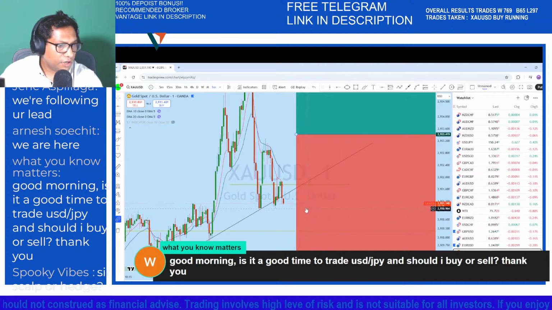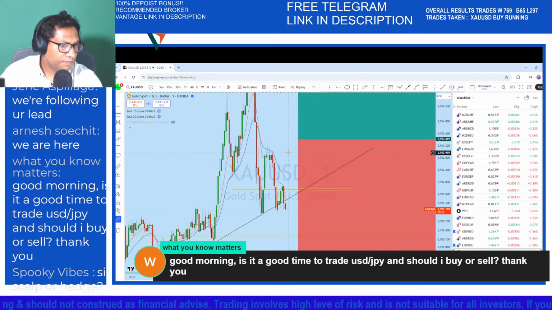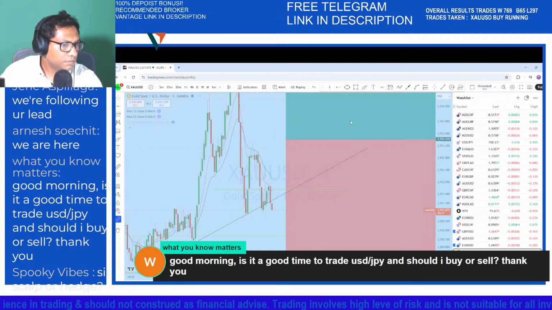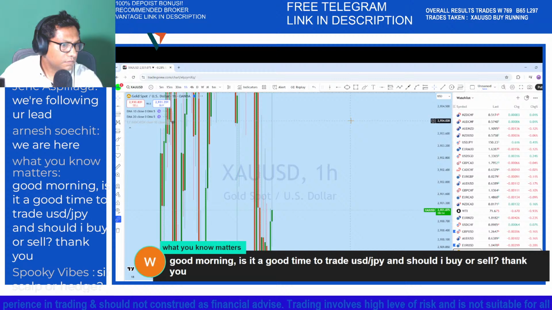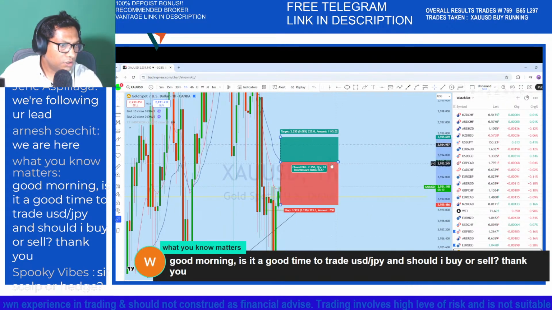And the most important part here is whether the market breaks below or bounces back up again. Okay, so it's almost at the 1 hour support.